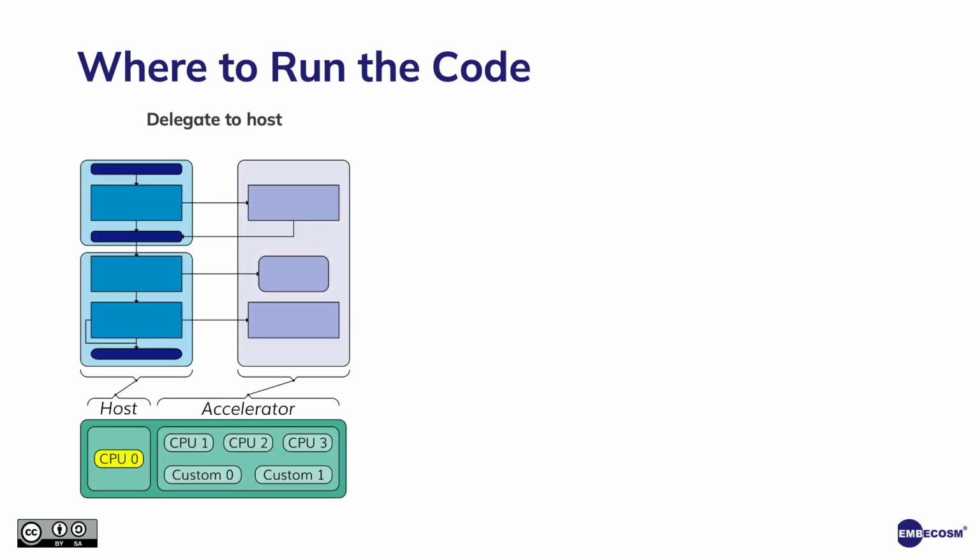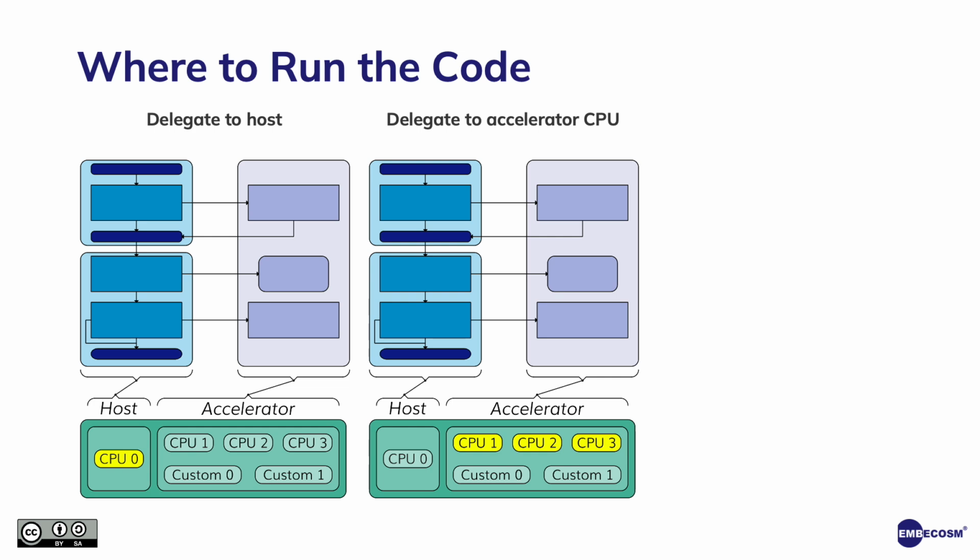The first one is operations that get delegated to the host: simple setup operations, or operations that the accelerator just doesn't support. We can also delegate to the accelerator CPUs, which we can use for computationally intensive calculations that are not supported by the custom hardware.